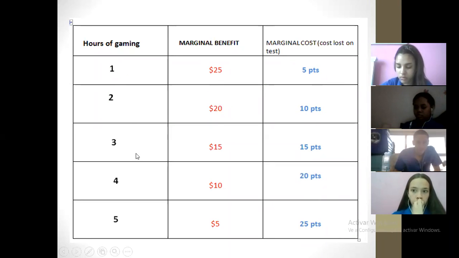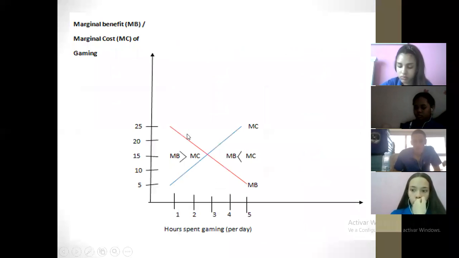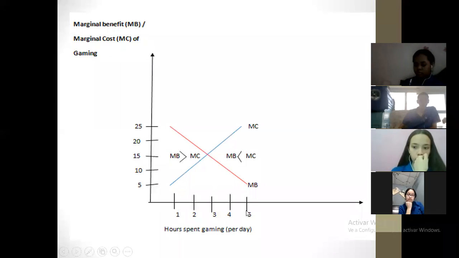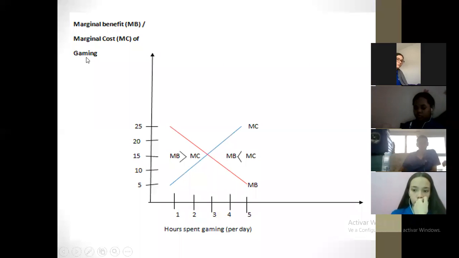These are all my X, and we'll see it over here. Over here in these lines, 1 hour, 2 hours, 3 hours, 4 hours, 5 hours. Now over here, remember that these are the X and these are the Y. So over here, you're gonna replace, at one time, the marginal benefits and the marginal cost.